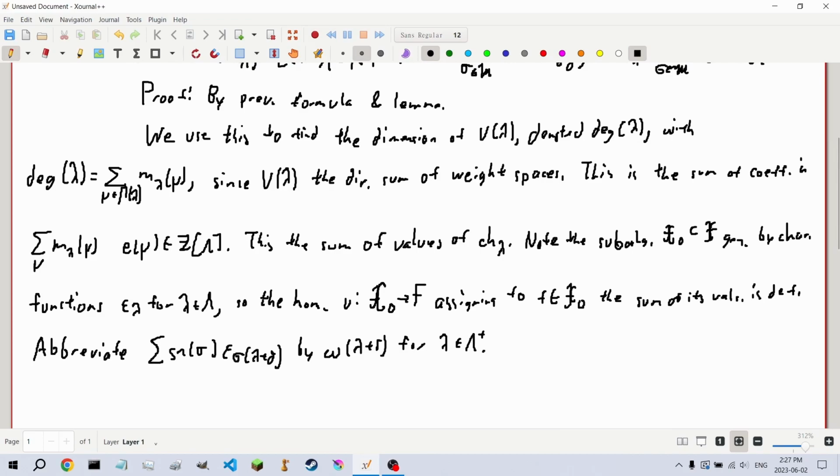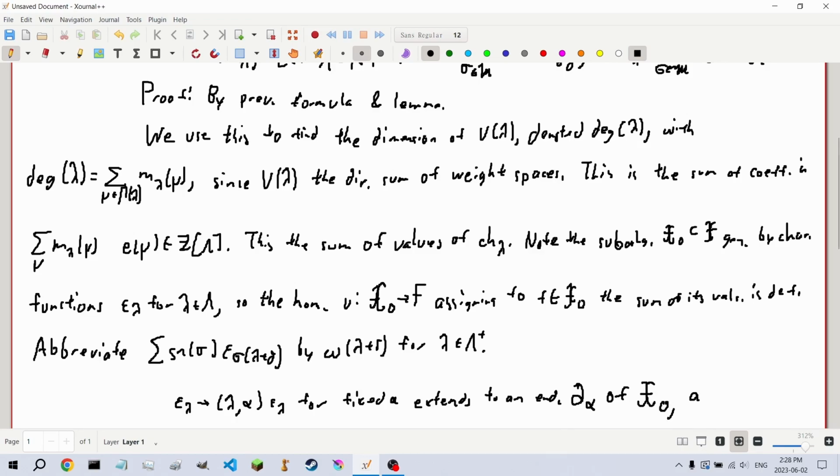Now we see that the assignment from epsilon lambda to lambda plus alpha times epsilon lambda for fixed alpha extends to an endomorphism, call it d alpha, of X naught, which is actually a derivation.